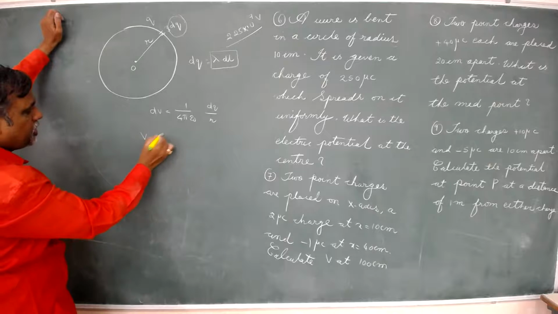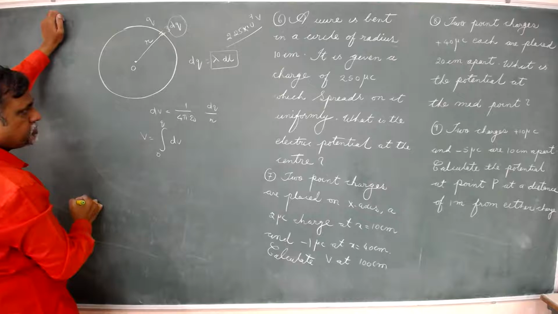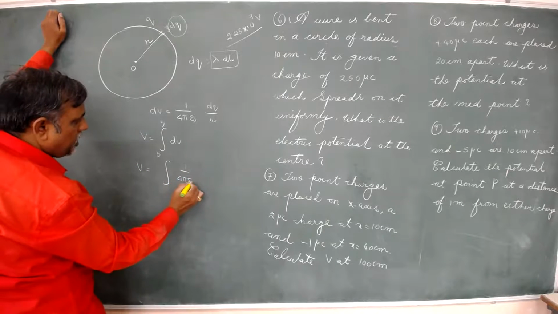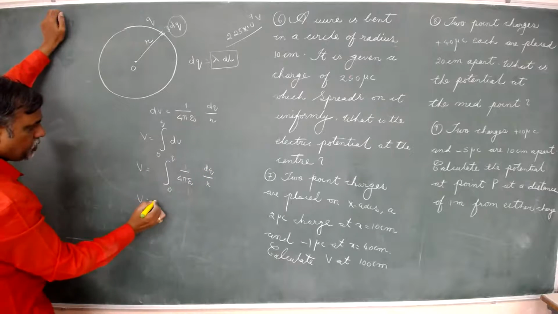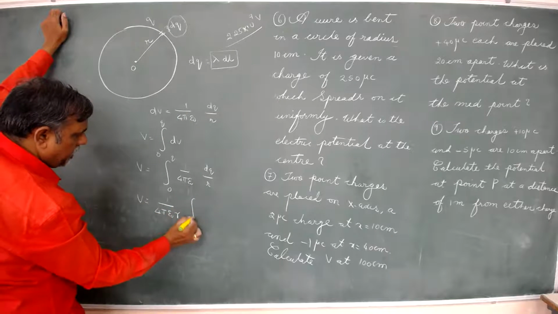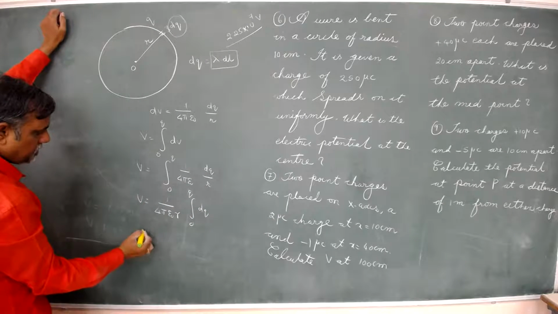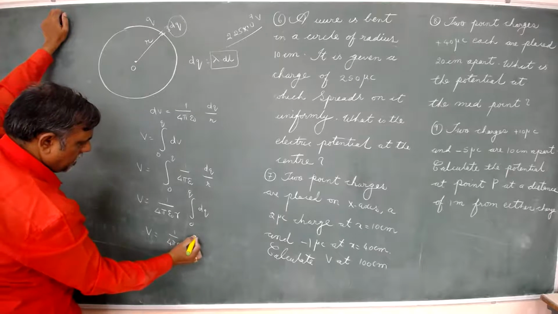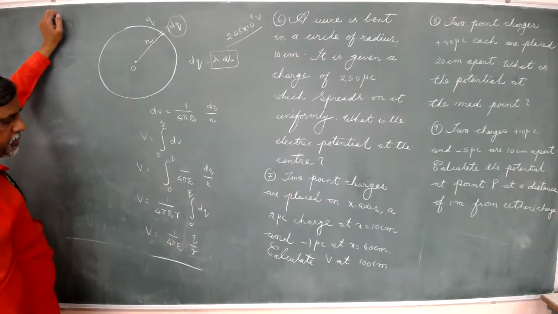Now for total potential, you need to integrate this dV between the limits 0 to q. So V is equal to integral 1 by 4 pi epsilon naught r integral dq from 0 to q. So V is equal to 1 by 4 pi epsilon naught q by r. This is the potential equation in this particular case.